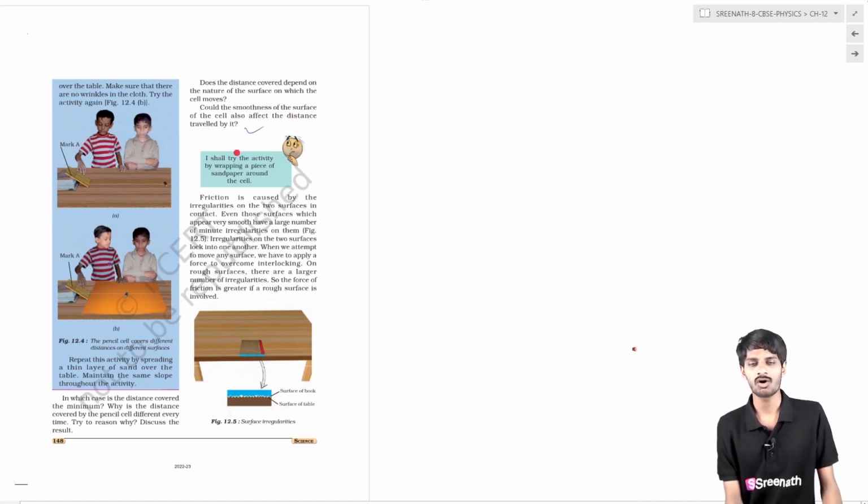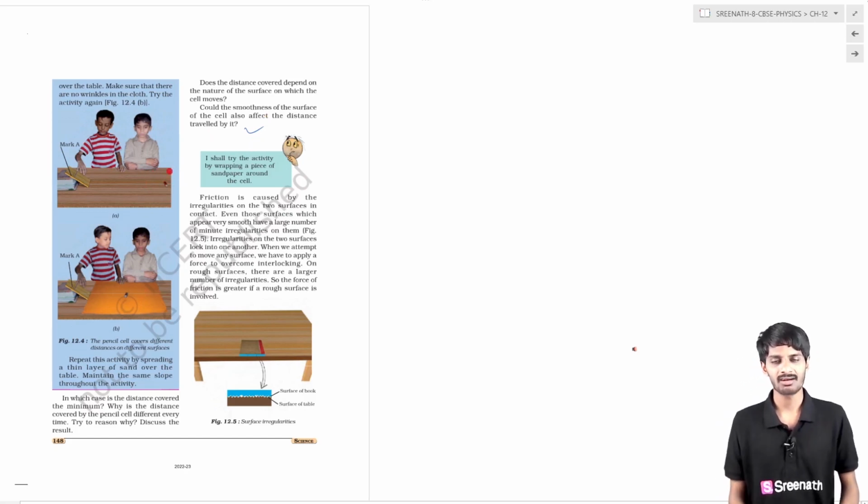Maybe the smoothness of the surface is affecting how far it travels. In this case it has traveled a longer distance, and in the other a shorter distance. Why does it travel long in one and short in the other? Is the smoothness of the surface the reason for the difference in distance? This is the doubt they have got.